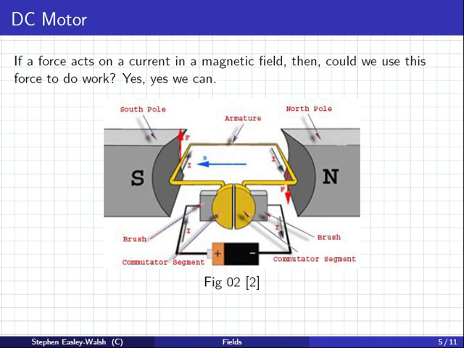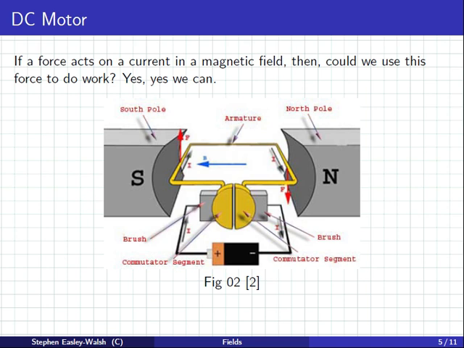Oh yeah, so the field is that way, the current is that way, so the force is up, as shown on the diagram. Now over here, the only difference is the current is now towards you, so the force is down. So what happens if there's a force up and a force down here? It rotates.